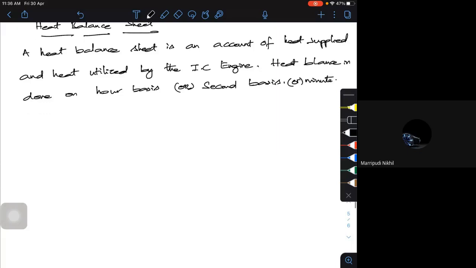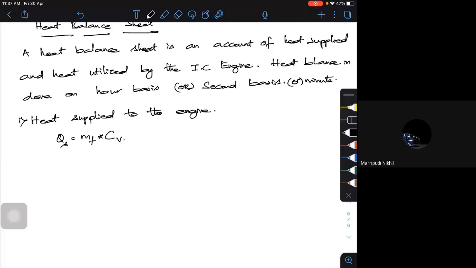Okay, heat supplied to the engine, how is it given? The first quantity is the heat supplied to the engine. Let me call it Q supplied, or QS, which is given by mass of fuel into its calorific value.